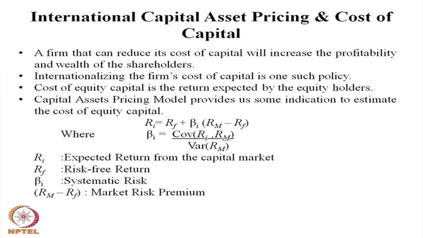So, when you go for the international capital asset pricing model, you have to price the equity side and debt side separately. From the capital structure model, we understood that the pricing of a capital asset, particularly the equity, depends upon the risk premium, because the capital structure has two parts: one part is debt, another part is equity.